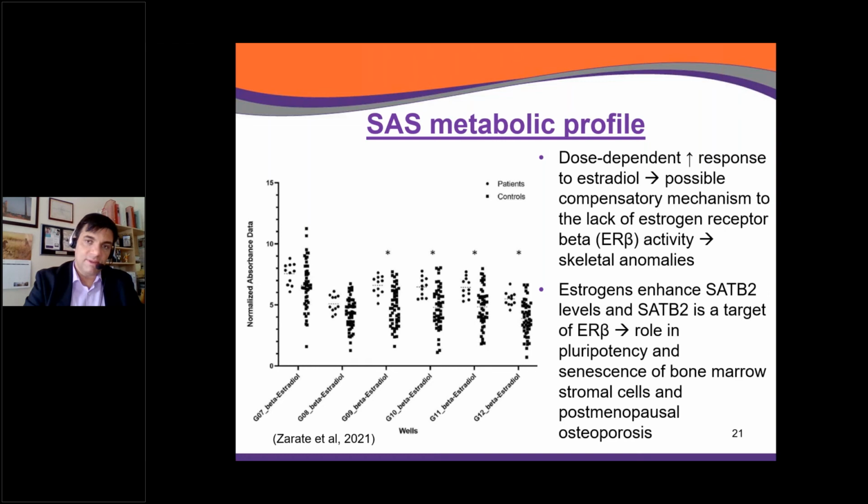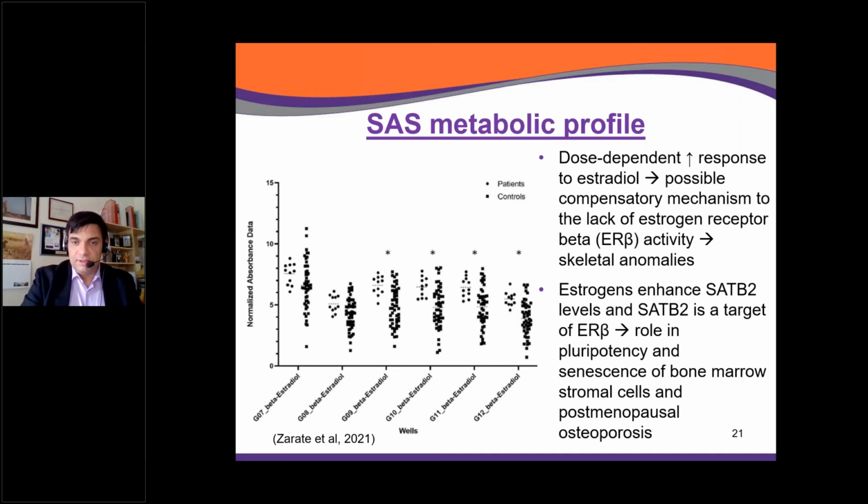And this may be a possible compensatory mechanism to the lack of estrogen receptor beta activity that might be linked to the skeletal anomalies. In fact, it has been described in a paper from 2020 that estrogens, including therefore beta estradiol, enhance the level of the ACTB2 protein, and ACTB2 is also a target of the estrogen receptor beta.